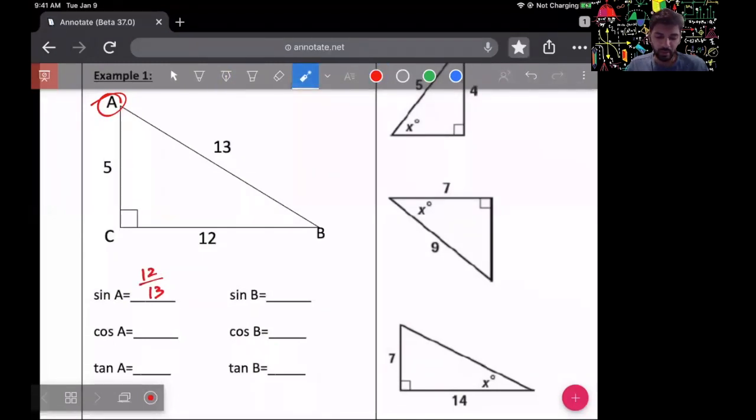Then cosine of A: CAH, adjacent over hypotenuse, 5 over 13. And the last one is tangent of A. Tangent is TOA, opposite over adjacent, 12 over 5.